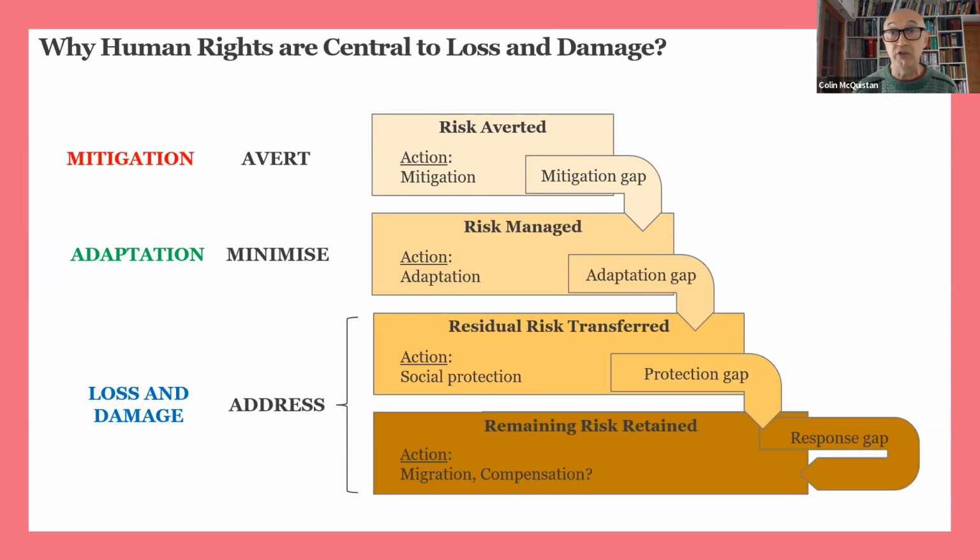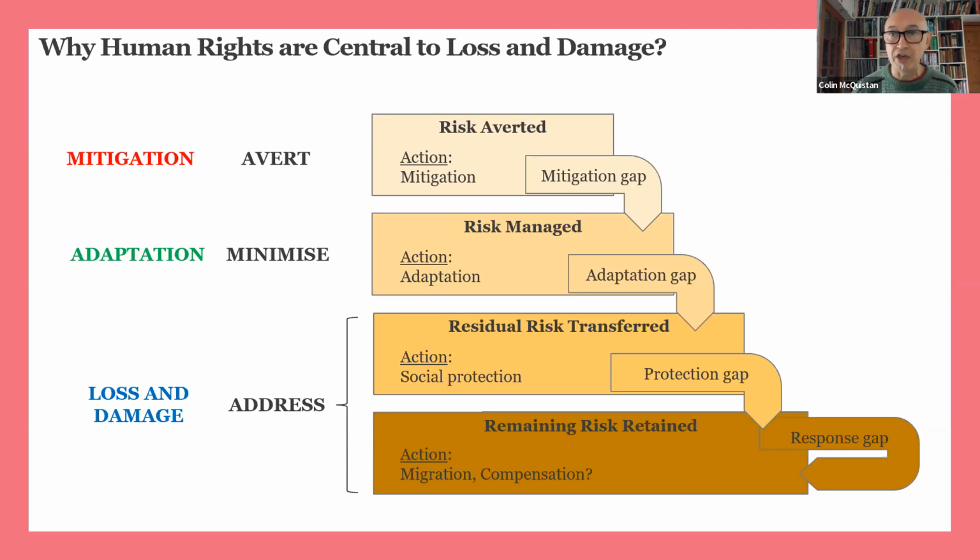Now that is leading down to this need for adaptation. The climate emergency means we need to adapt to climate change, but we know globally that the efforts to adapt to climate change are far out of kilter with what is needed on the ground. And that's the adaptation gap, which has led into the emergence of this issue in the UNFCCC about loss and damage.